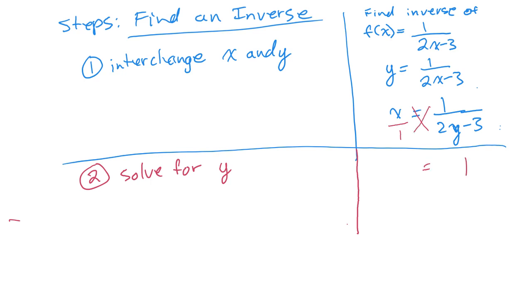So you're going to get 1 is equal to, well, x times 2y minus 3. And so you have 2xy minus 3x is equal to 1. Bring the 3x over to the other side, so you get 2xy equals 3x plus 1. To get y by itself, we're going to have to divide everything by 2x.